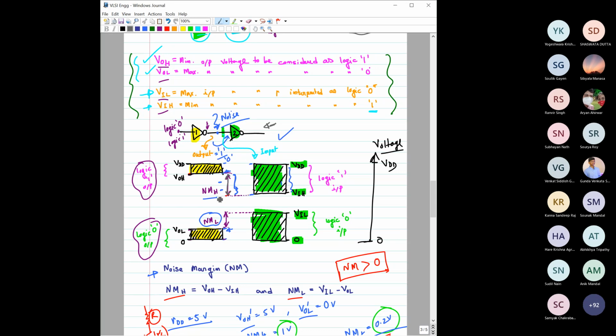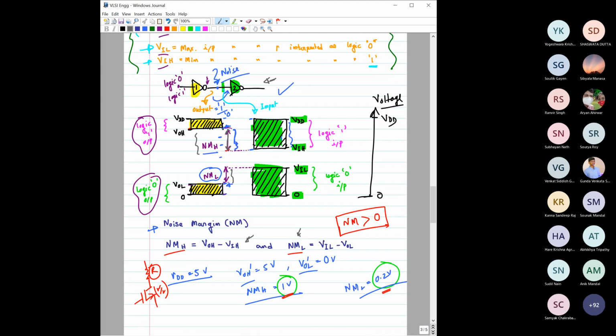This voltage level is called the noise margin high. The same thing will also be there for noise margin low. So we have introduced the terms noise margin high and noise margin low, and defined them in this way.